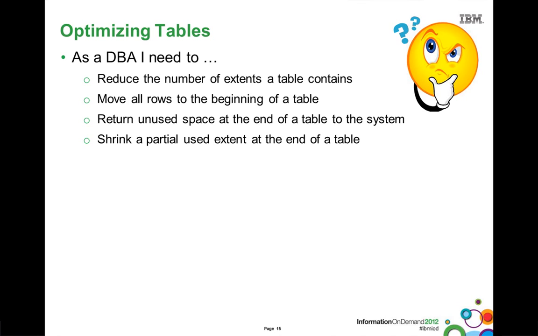And once you've done that, you have a lot of free space at the end of the table. And you'd like to return that free space from the table back to the general system so other tables, indexes, or objects can utilize that space. So all of those things are done.